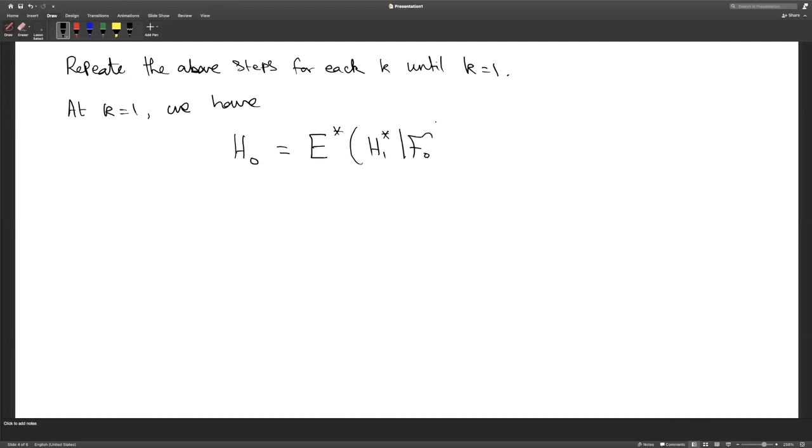But you don't need to write F naught, because remember, F naught is the trivial sigma field, phi and S. Therefore there is really no information given to us. Therefore you don't need to write this. You simply write E star of H1 star. Remember, it depends on S naught, and S naught is not a random variable. Therefore, this will be a constant and will not be a random variable. That is also one interpretation for why we don't write the conditional expectation here.